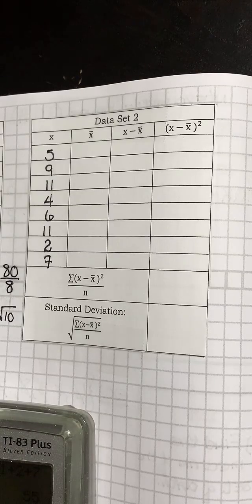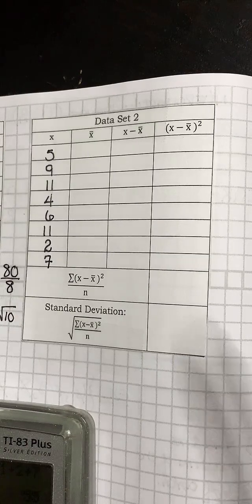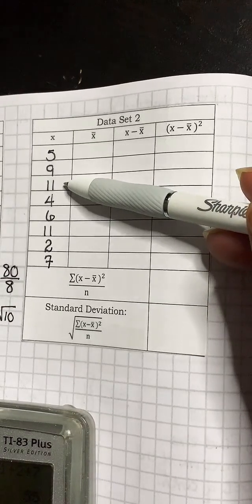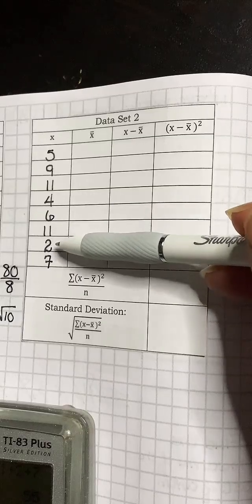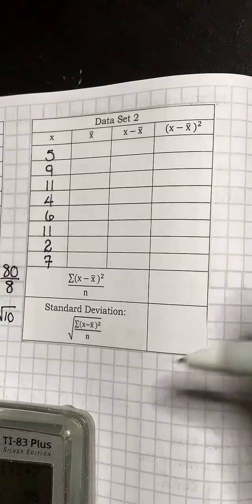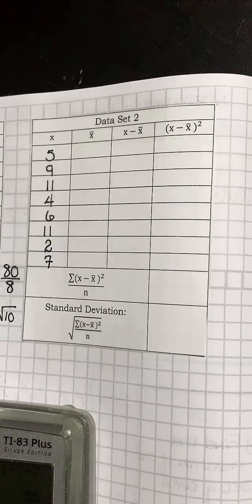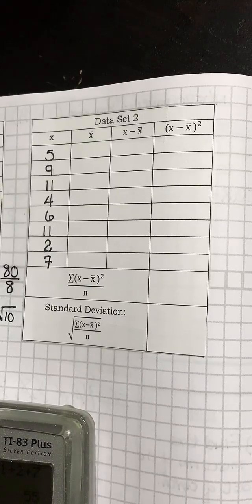Yep, that's it. Okay. So 5 plus 9 plus 11 plus 4 plus 6, 11, 2, and 7. What did you guys get for your mean?